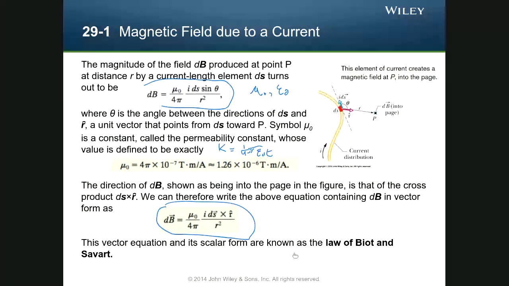But this is how we construct this expression for this differential magnetic field, and this is the basic problem we're looking at.